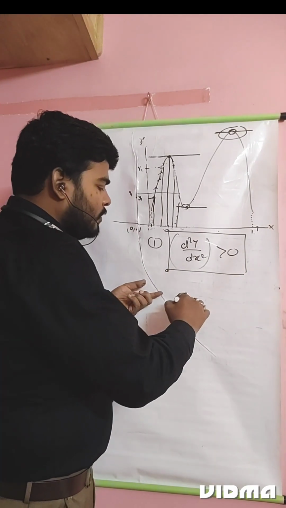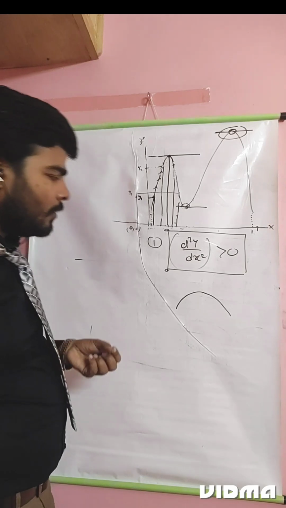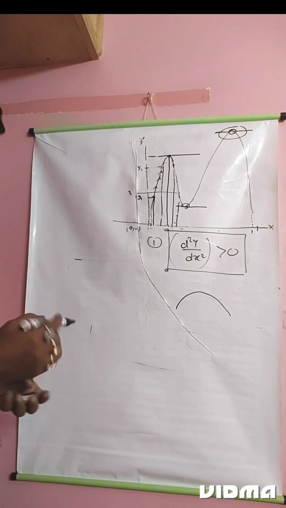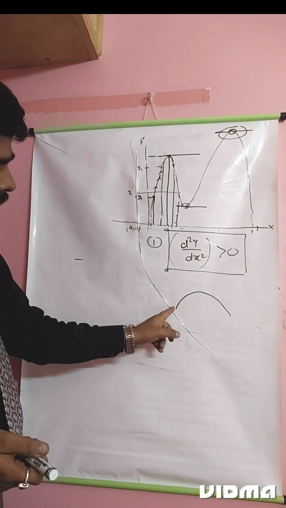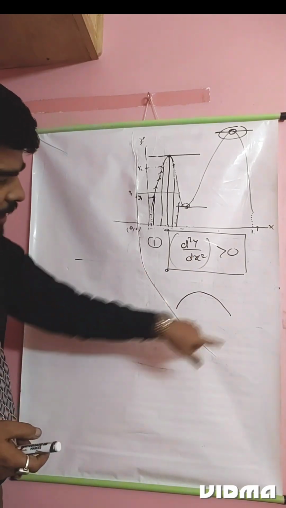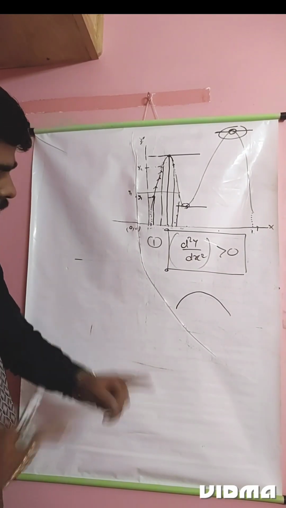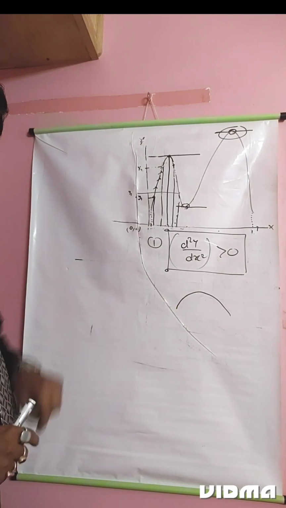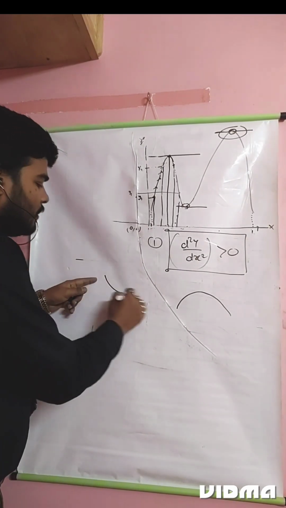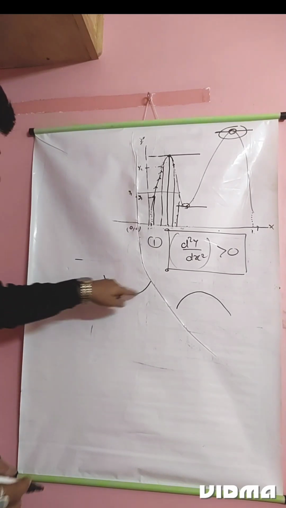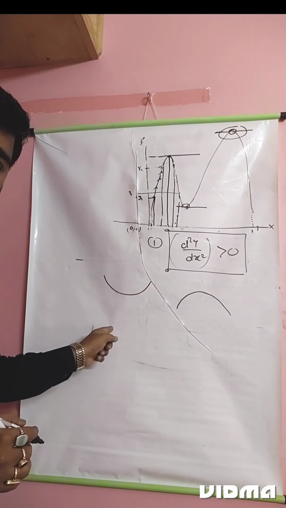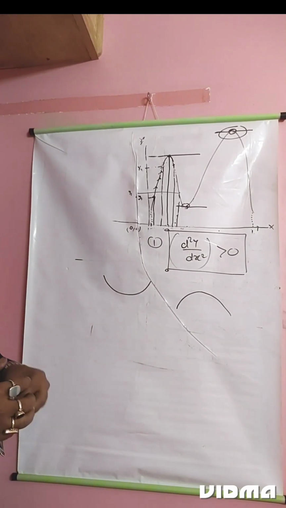Suppose this is a curve, and you can say that this is convex up or concave down. Clear? Both are similar, convex up or concave down. Similarly, at this curve we can say that it is concave up or convex down.